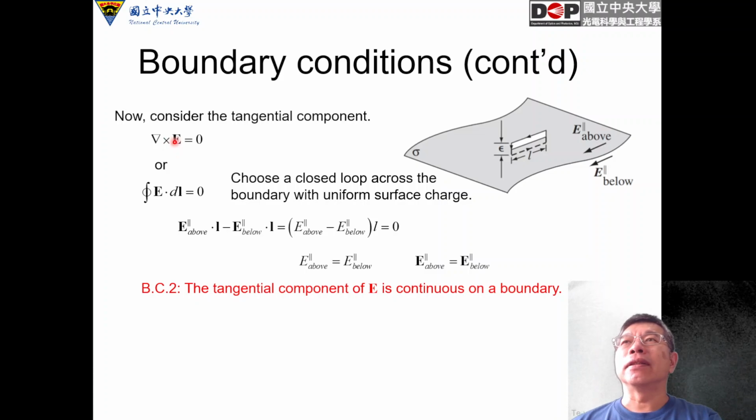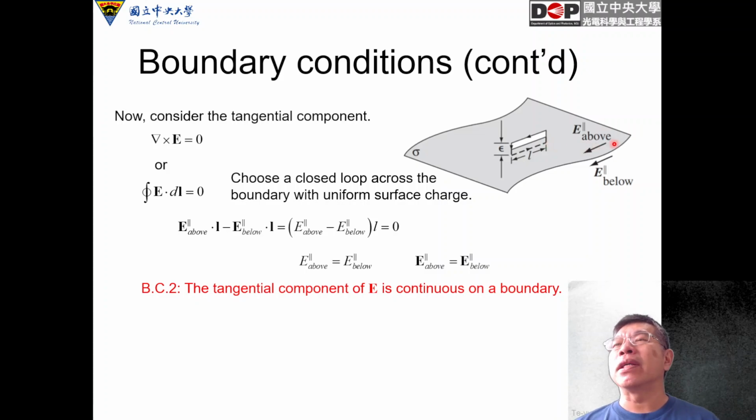The second one is for the curl. Consider we take a loop across the boundary, again a very thin loop, just on the top of the surface and below the surface. So now we have a path going this way on the top and that way on the bottom.